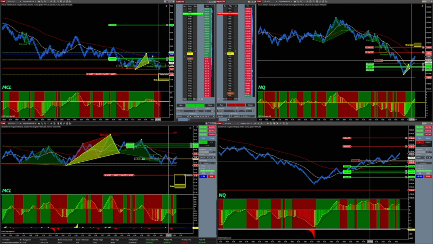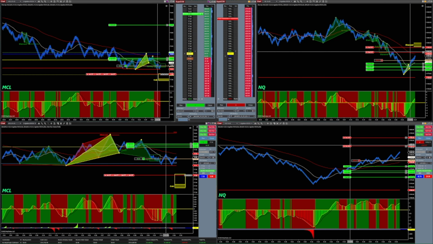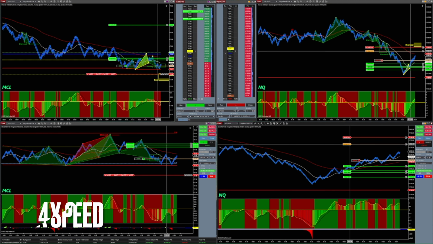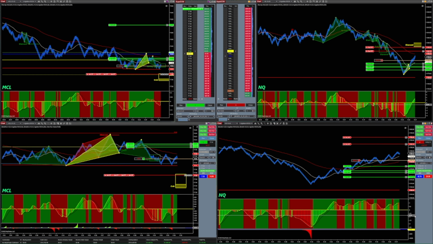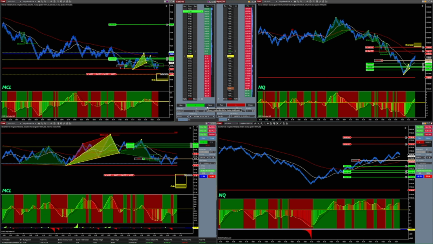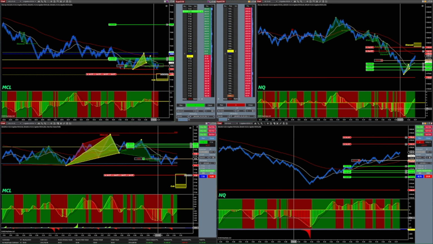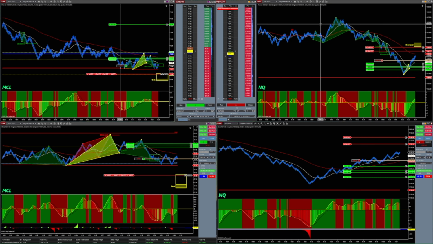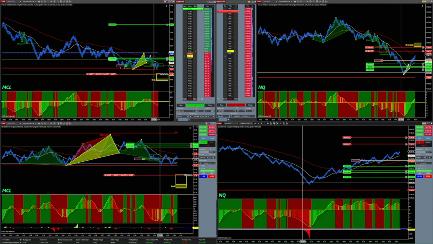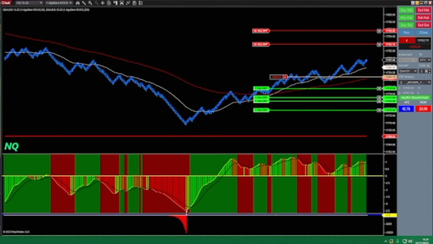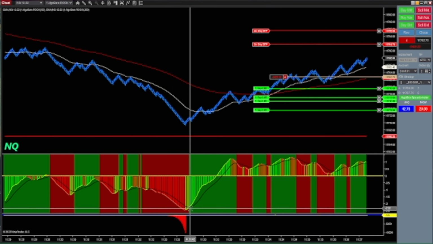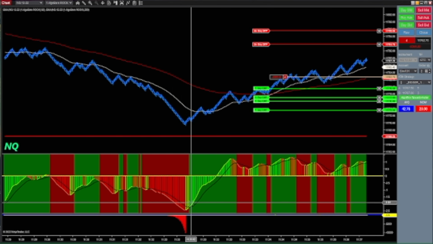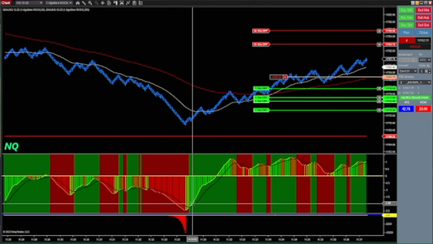So currently I've got 4 contracts on the Nasdaq, running at a loss at the moment. So when you talk about this, for example, looking at this big red triangle sitting here, and then we've got a MACD cross to the upside, that is an entry.